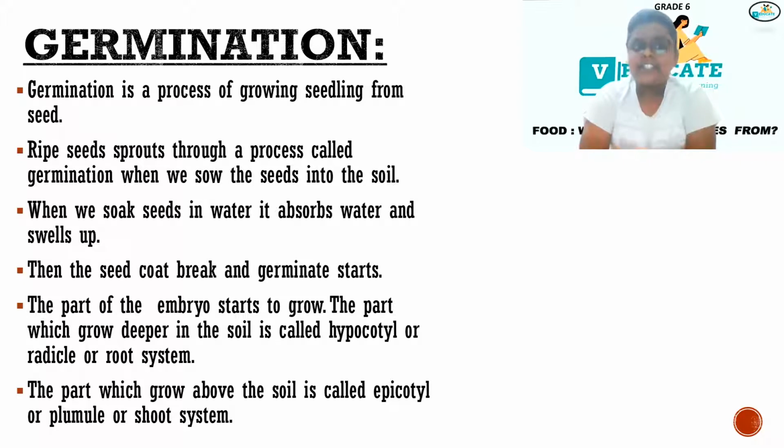The process starts and part of the embryo starts to grow. What is the embryo? The part which grows deeper in the soil is called the radicle, or root system.